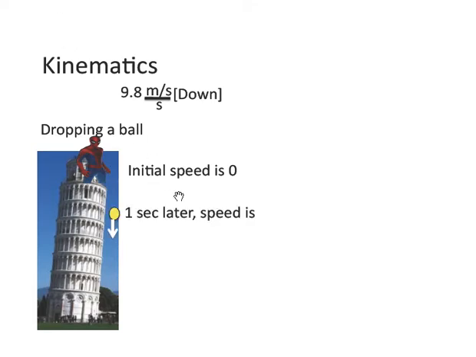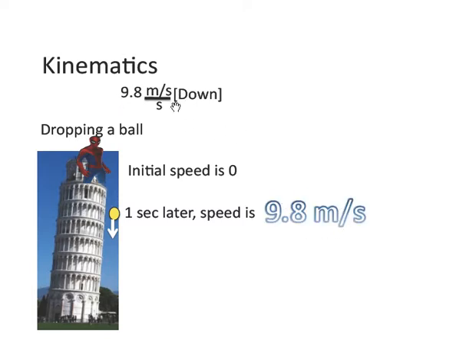Now, if you really understand what 9.8 meters per second squared means, remember it's an acceleration, and we discussed this in a previous video, then 1 second later, you know what the speed is. 1 second later, the speed has to be 9.8 meters per second.